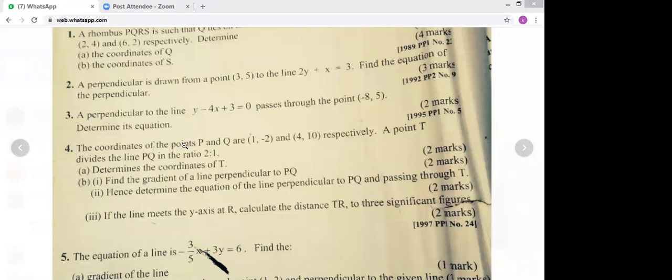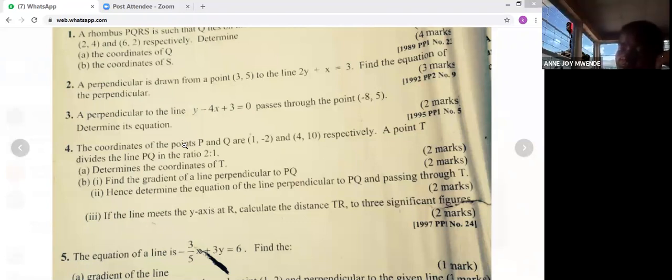A point T divides the line PQ in the ratio of 2:1. So from P to T is 2, then from T to Q is 1. Determine the coordinate of T.